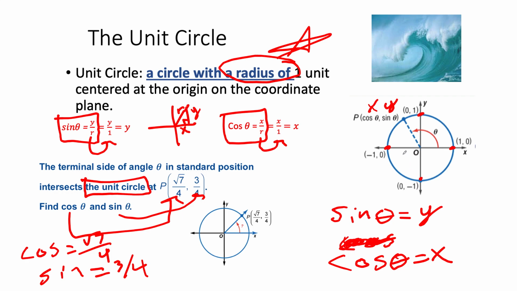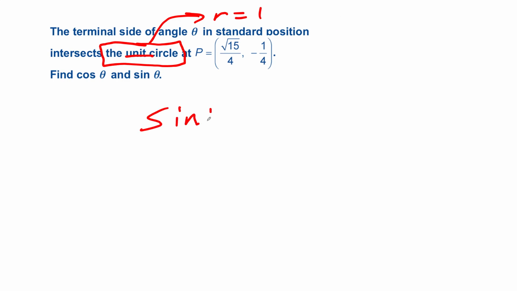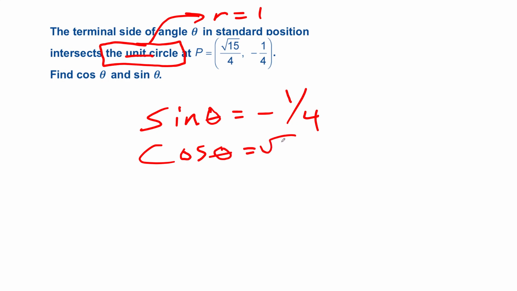That's going to be our main focus with these guys, but we have a couple of extra things we do as well. Now again, in order to do these problems, you can't mix up the problems from previous units in this unit. This says unit circle. That means that the r is equal to 1. And that's why we can say that the sine is the y coordinate, in this case negative 1/4, and the cosine is the x coordinate, which is square root 15 over 4.